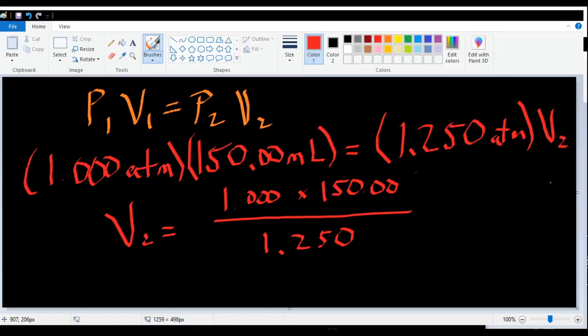Here we have atmospheres and atmospheres, and our answer will end up in milliliters. It'll be the same, so that'll be fine. So then we cut over to our calculator. We do a small amount of math, and it's really not that bad. Okay.